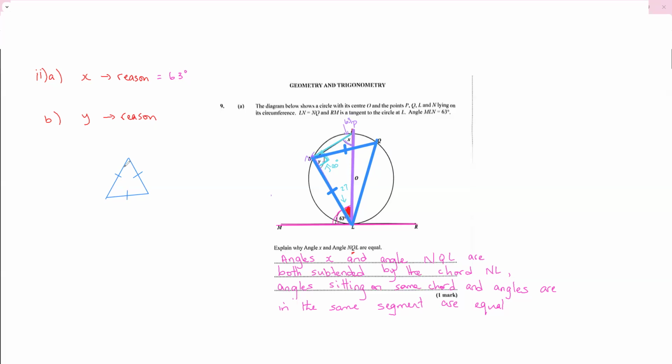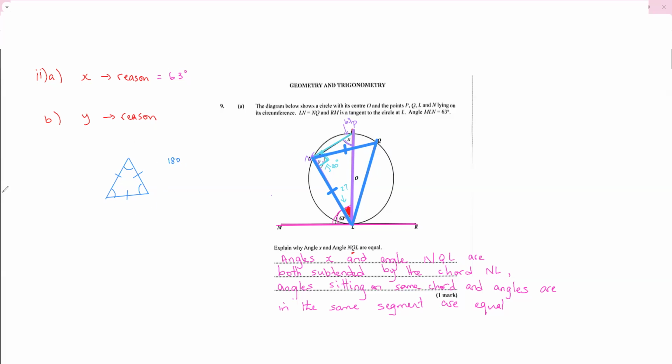So if all the angles must add up to 180, then 180 divided by 3 will give me 60 degrees. So each of these in an equilateral triangle must be 60 degrees. So that's the equilateral triangle. We have to make sure that we are familiar with all of the properties.